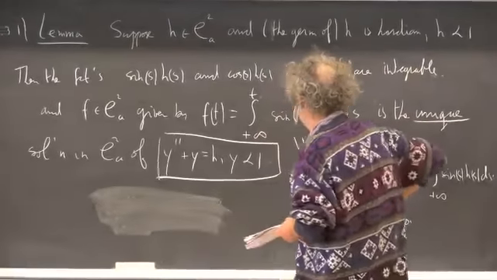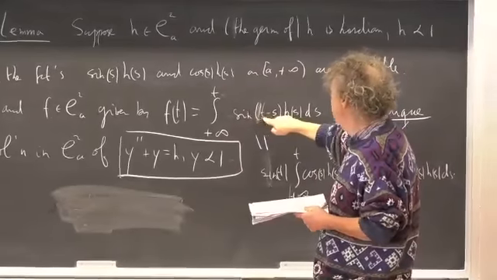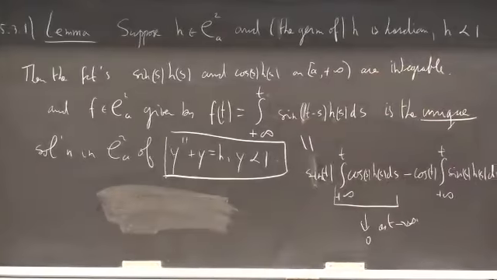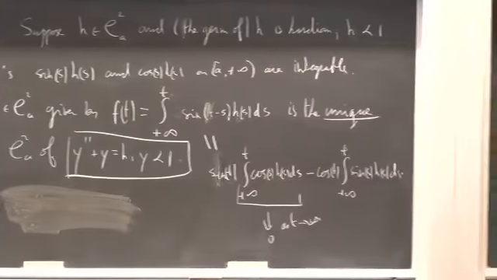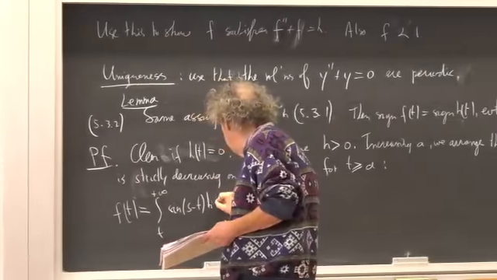You can also write this integral from t to plus infinity, but then c times (t minus s) changes into c sine (s minus t), right? So we have sine(s minus t) instead of sine(t minus s), h(s) ds.